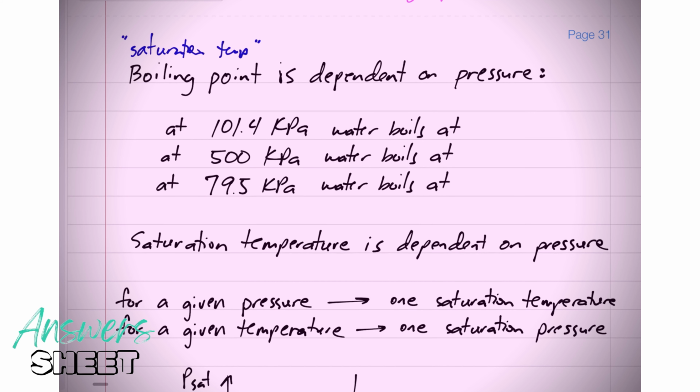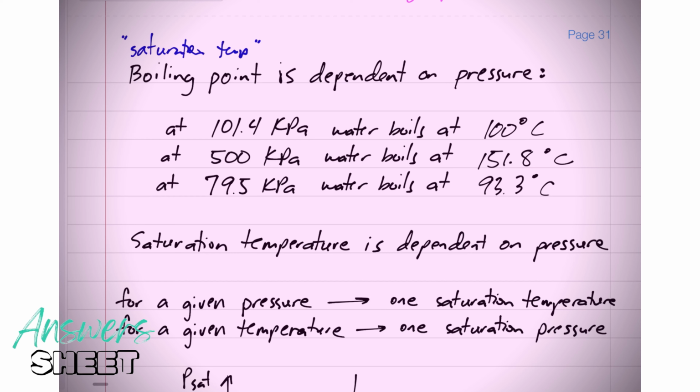At about atmospheric pressure, water boils at 100 degrees Celsius. But if the pressure was higher, it would take 151.8 degrees Celsius to boil water. If the pressure is lower, water boils at 93.3 degrees Celsius.